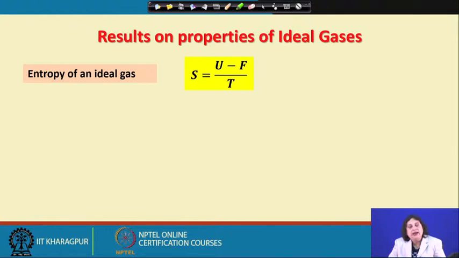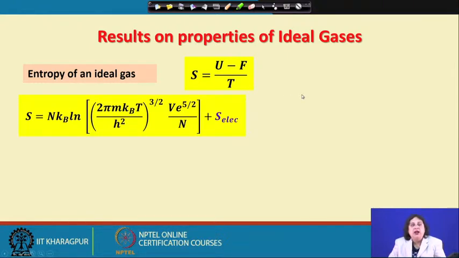The way we will calculate this quantity is, at this point we know what U is, and what F is in terms of ln Q. So, S is equal to U minus F divided by T. A few lectures back I asked you to work this out, and this would be the expression for entropy as calculated starting from the current model of the canonical partition function for this monatomic ideal gas.